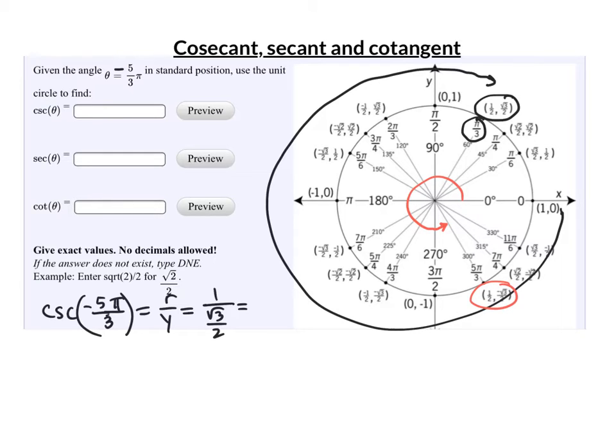Well, we'll multiply by the reciprocal, so this is 1 times 2 over root 3. And we'll rationalize. So that's 2 root 3 over 3.